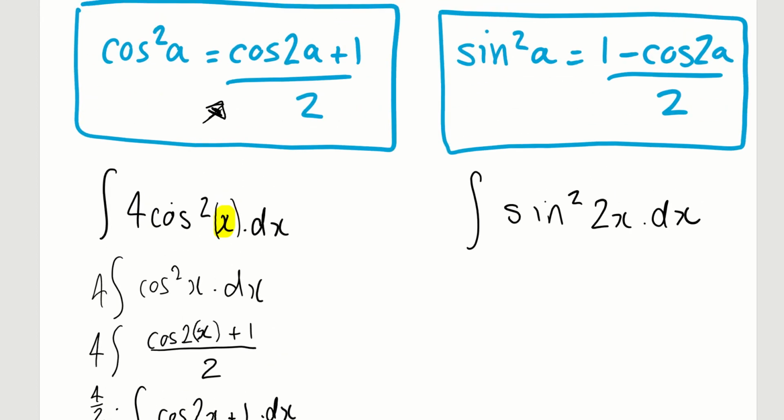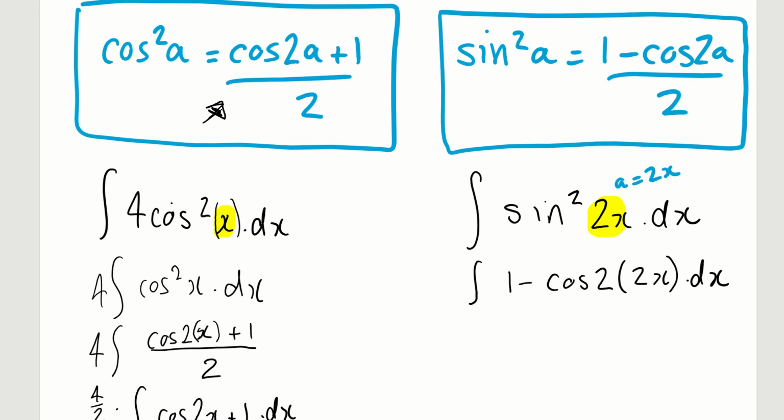Okay, let's look at this one now. Now you'll start to see what I mean. Notice here I have 2x. So what I'm going to just note to myself, I know that a is 2x this time. Okay, so I'm going to make my substitution. I say, well, that's really the same thing as the integral of 1 minus cos 2a on 2. Now 2 lots of a. See what I did there? A lot of people are going to make that mistake and just do 2x rather than 2 lots of 2x.